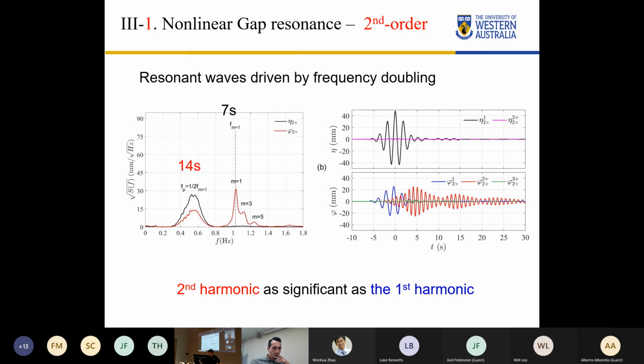And if I decomposed the harmonics, it's shown here. The linear component is the blue curve, and then the red one is the second harmonic. So now you can see the second harmonic is as significant as the linear one. So that's because of the resonant mode inside of the gap.